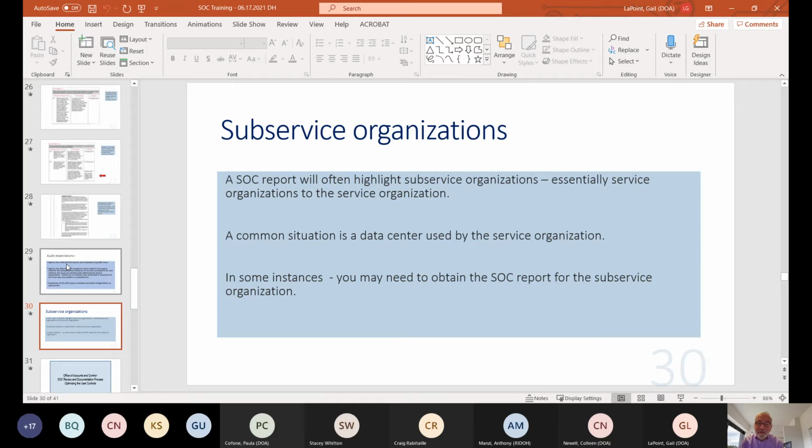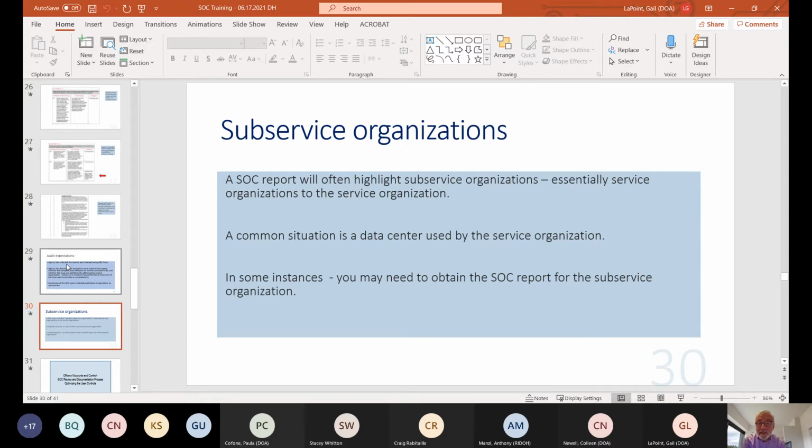So for the MMIS, they use a data center down in Florida. We certainly think that the operations of the data center are important and relevant to the overall operation of the Medicaid program.